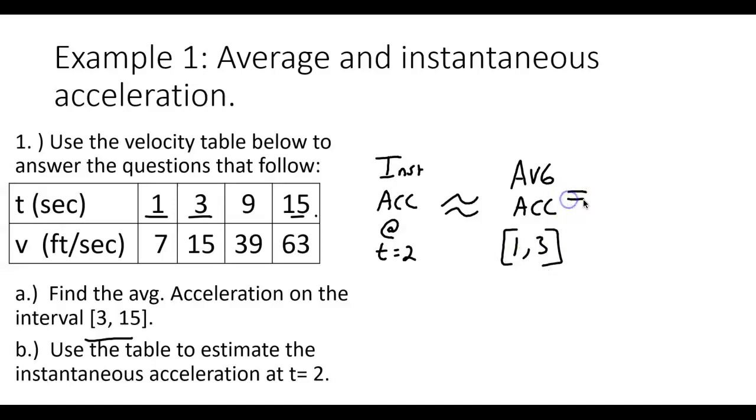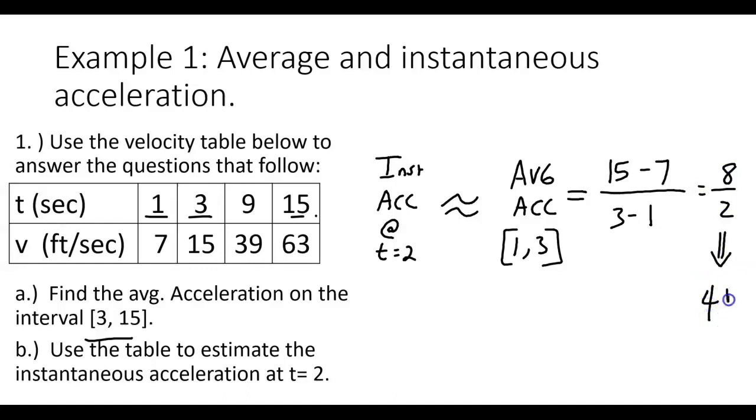And since we know how to calculate average acceleration, we do t2 minus t1 on the bottom, and on the top we have v2 minus v1. And then we go ahead and calculate it from there. We get 8 over 2, which once again is 4. And the units are going to be the same.